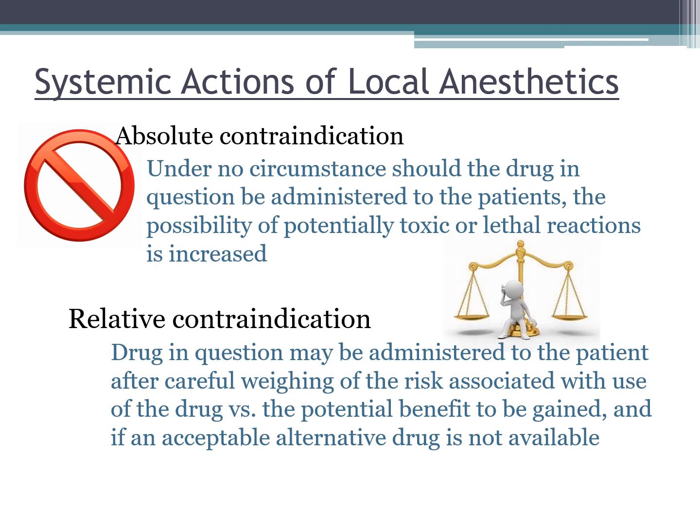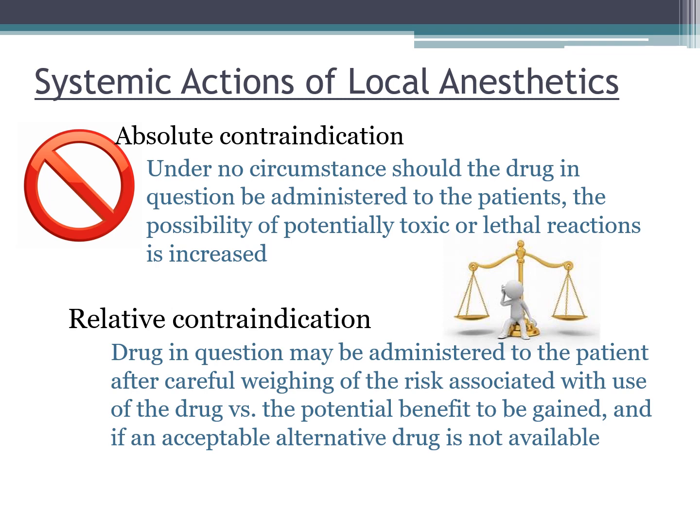Now, there are two words that you need to understand, and that is absolute contraindication and relative contraindication. Absolute contraindication means under no circumstances should the drug in question be administered to the patient because of the possibility of potential toxic or lethal reactions.